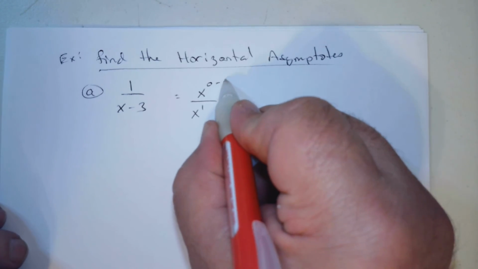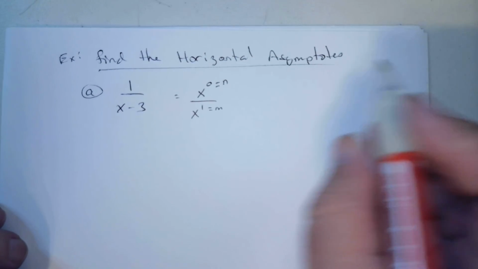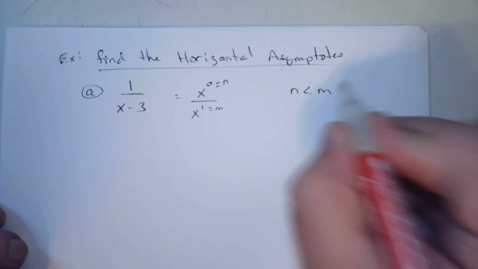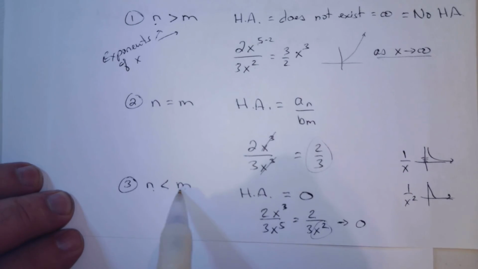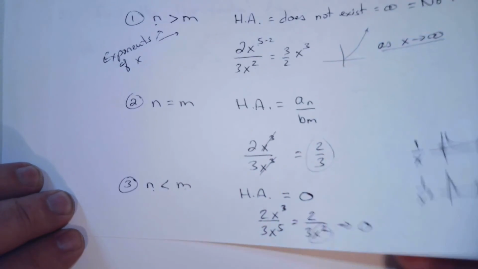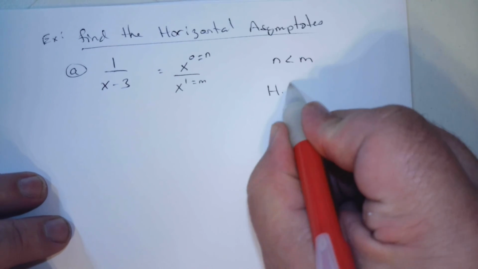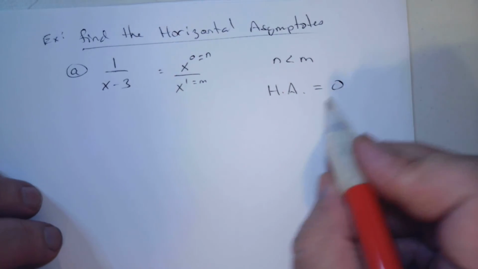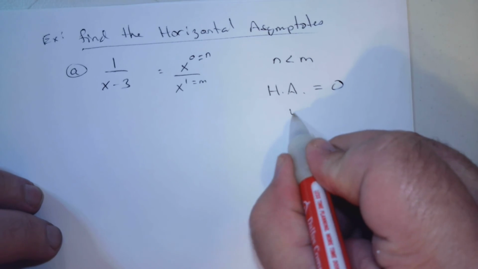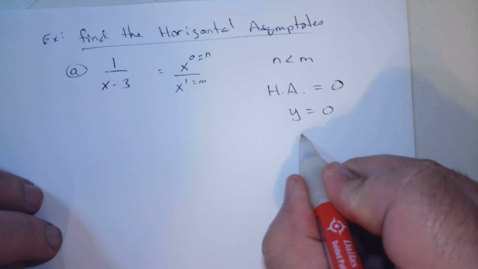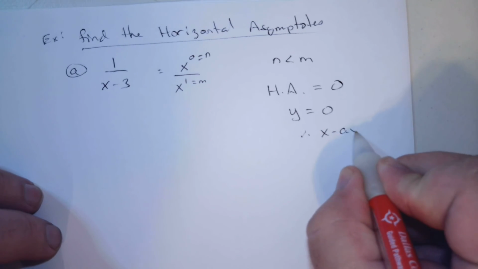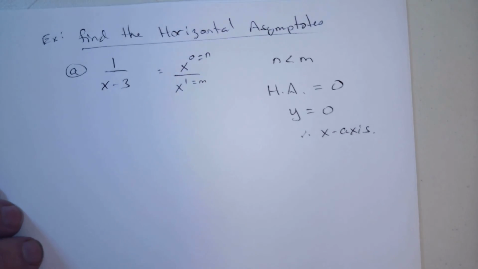Remember, this is n, and this is m. N is less than m. If n is less than m, then the horizontal asymptote is 0. So the horizontal asymptote is y equals 0, or the x-axis. The horizontal asymptote finds the y value.